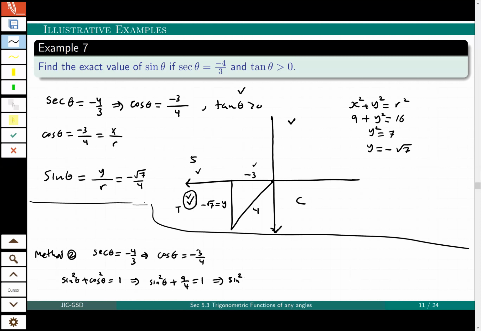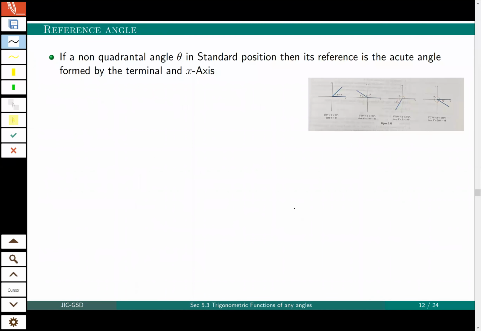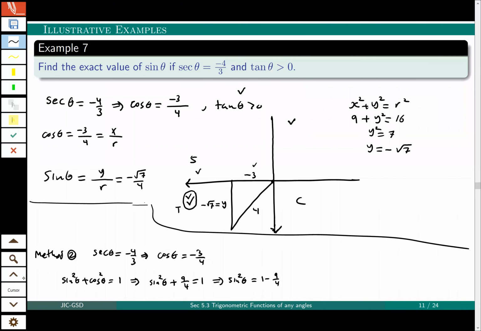Sorry, it should be 9 over 16. That will mean sine squared of theta is 7 over 16, which means now sine theta, in which quadrant are we?